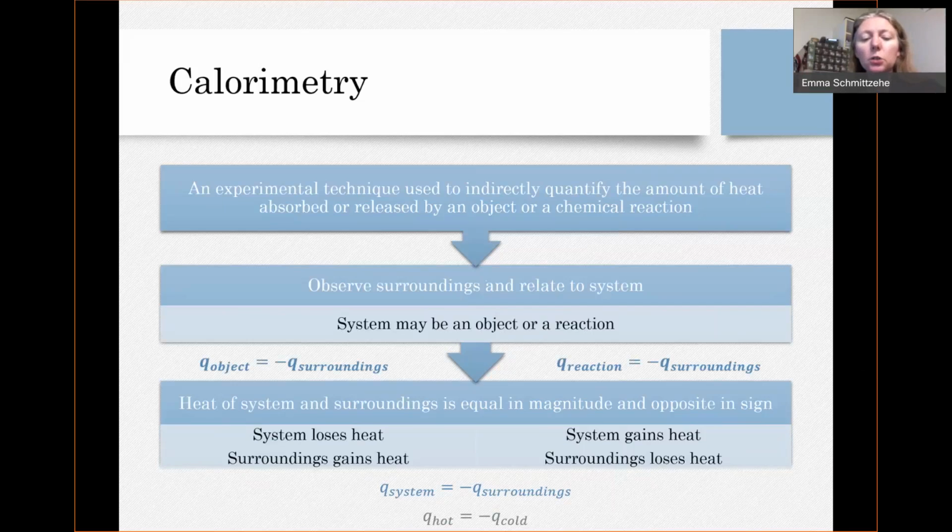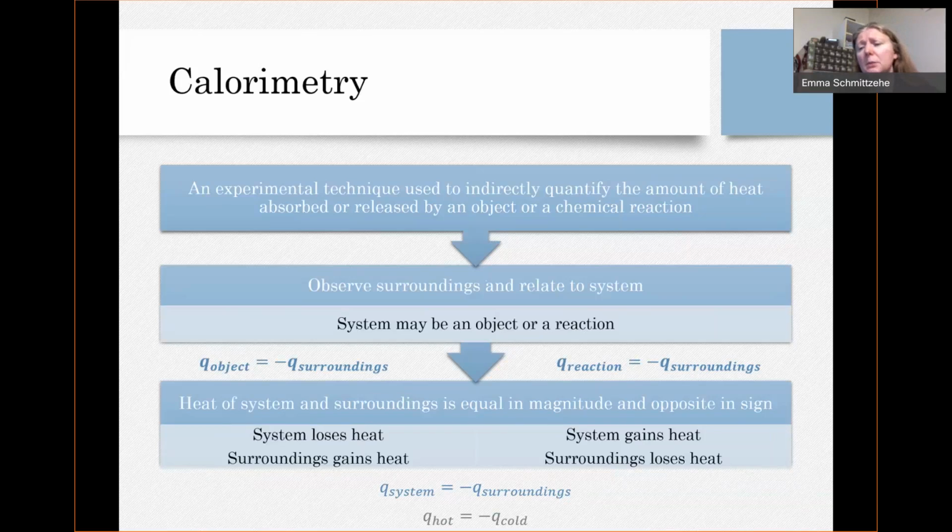Now, you can also replace system with an object or a reaction, okay? All of those equations really are the exact same thing. It's just applying the conservation of energy. So we're going to look at a few examples that are focused on the hot object, cold object scenario.